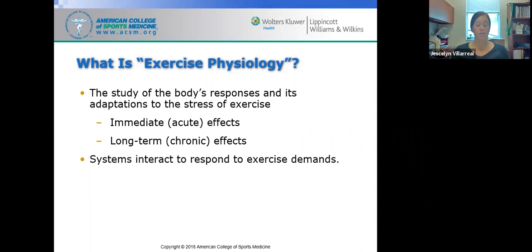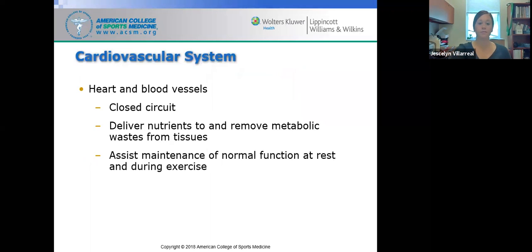Systems interact to respond to exercise demands. Think about how when you start exercising, your heart rate increases, respiration increases, and blood volume also increases as blood moves from the heart to the muscles worked. Your cardiovascular system is comprised of the heart and blood vessels.